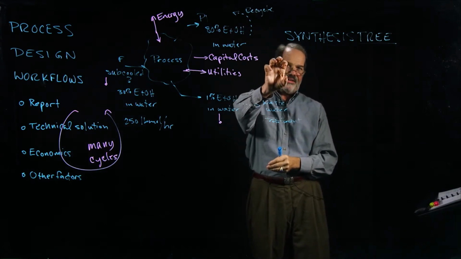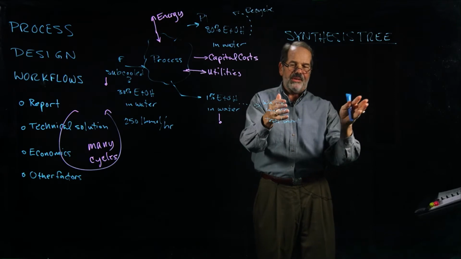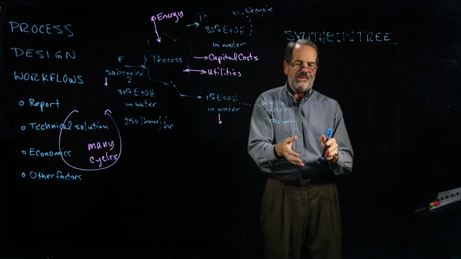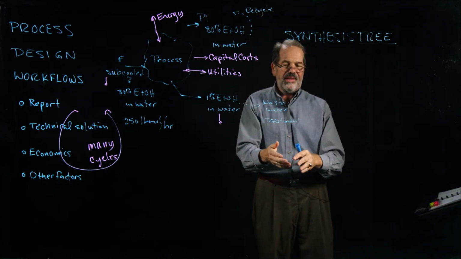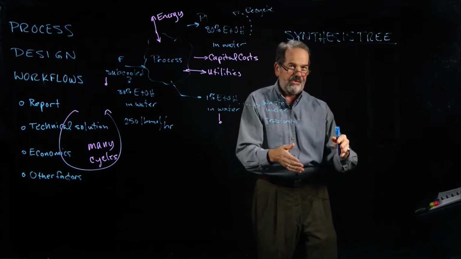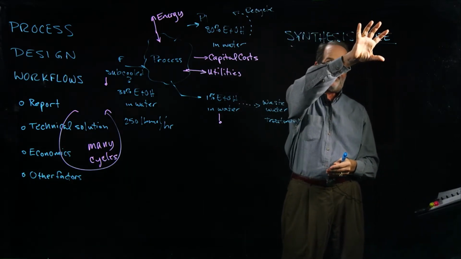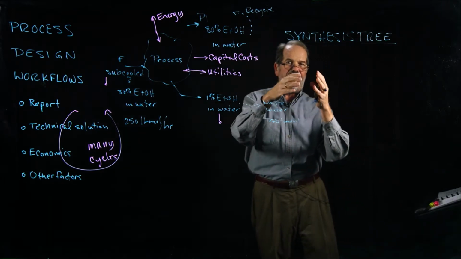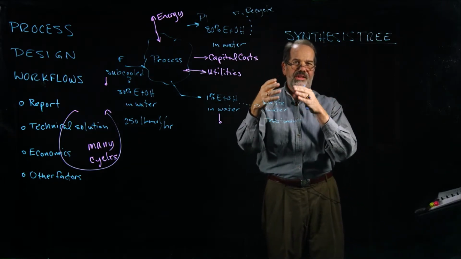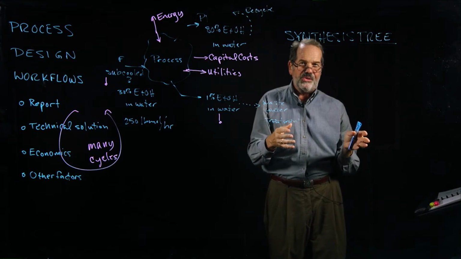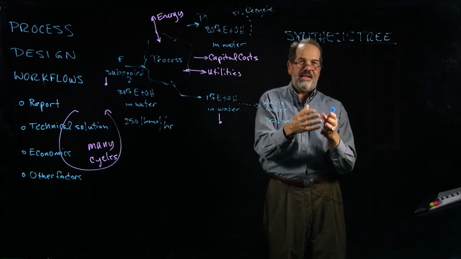Maybe we have a reaction step, maybe we have some separation steps, maybe purification steps, maybe we have 2 or 3 other reactions before we get to a final product list. And so we would generate a synthesis tree in which we've integrated all the reactions and the separations we need to do to make a specific product.